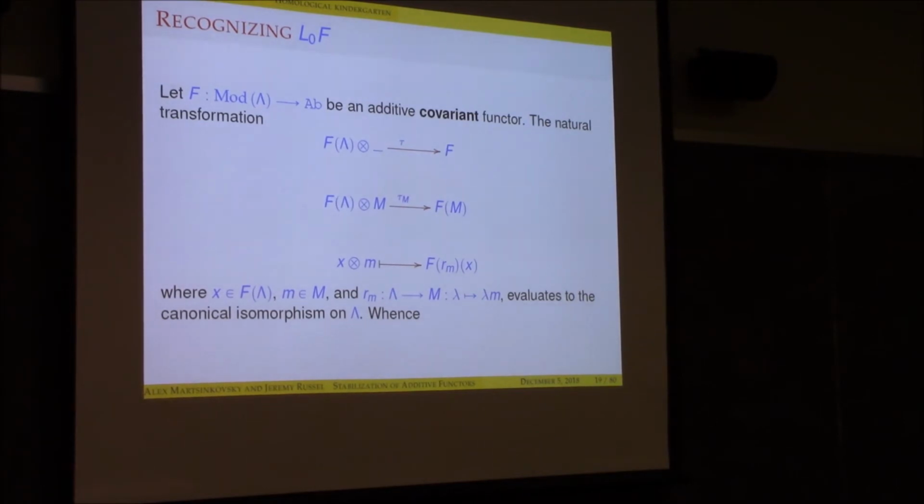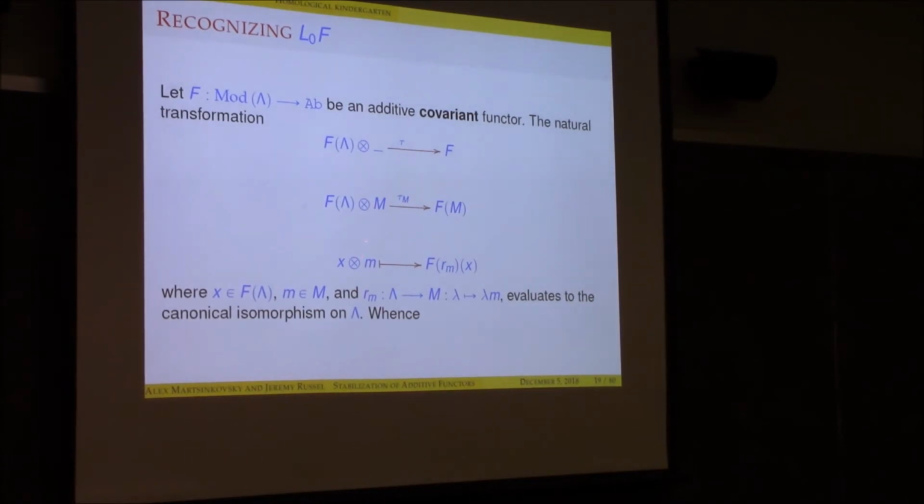Well, these examples can be treated from a more general perspective, and actually in more than one way. Here's one possible approach. Whenever you have an additive covariant functor F, you always have a natural transformation of this sort. You evaluate the functor on the ring, and take the tensor product with the result. And it's very much in the spirit of previous examples.